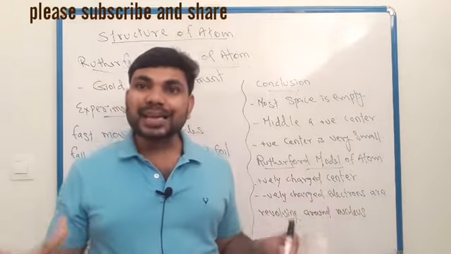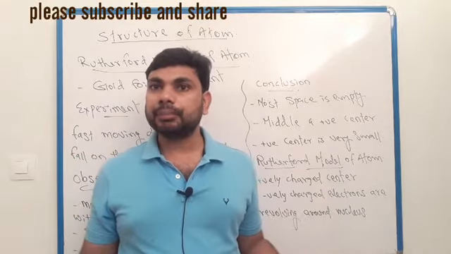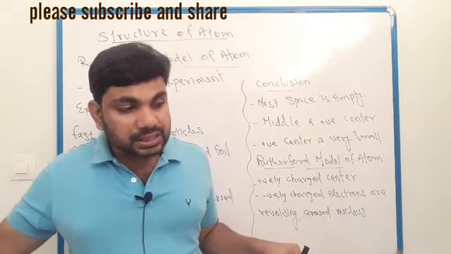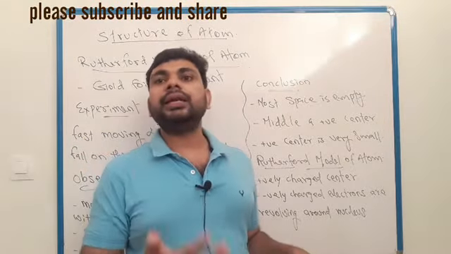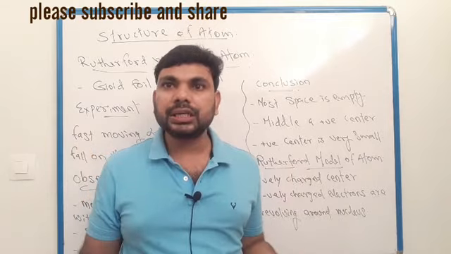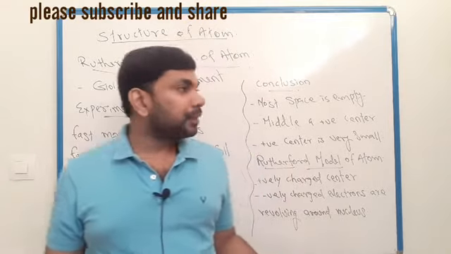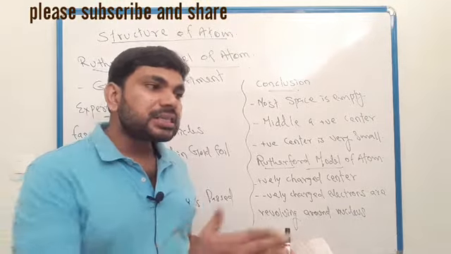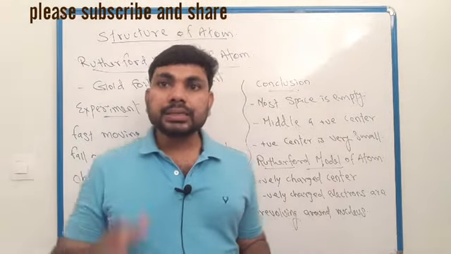that most of the space of the atom is empty. The first observation, that most of the alpha particles passed without any deviation, means most of the space of the atom is empty, nothing. And the second observation, some alpha particles deviated.